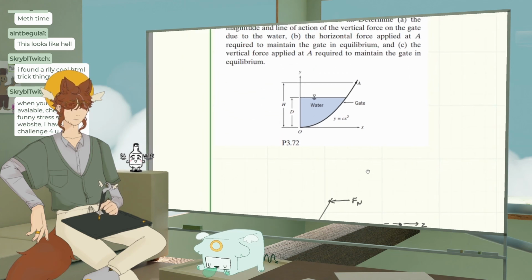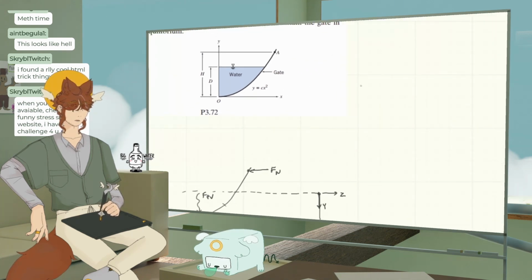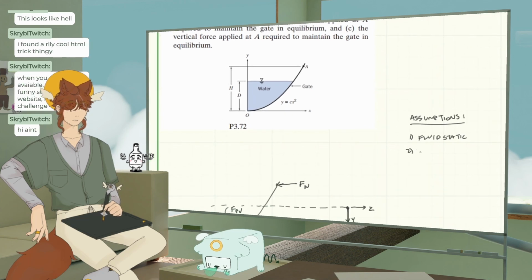What do we want to do? The magnitude. Okay, let's do A first, I guess. Oh, we need assumptions. Let's say the fluid is static. That's a good one. Let's say that it's incompressible. It's probably water. That means our densities are going to be the same and all that good stuff.